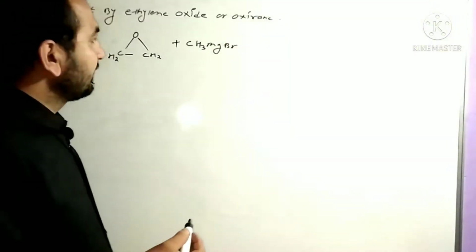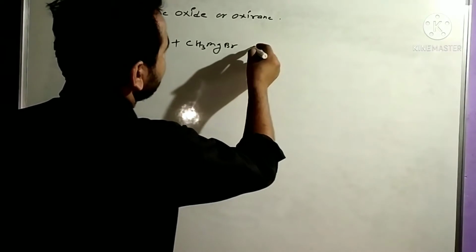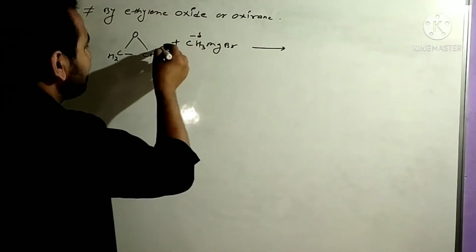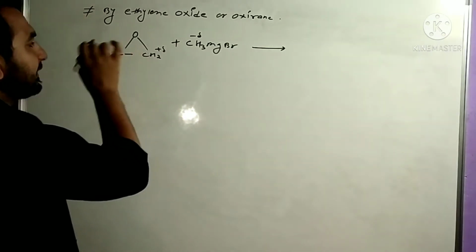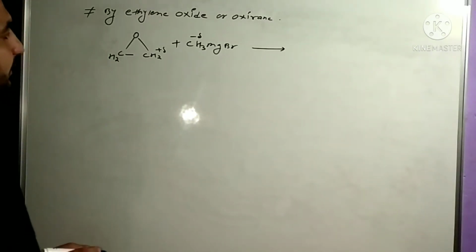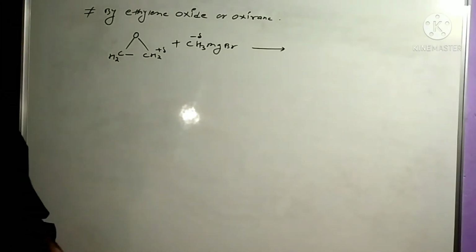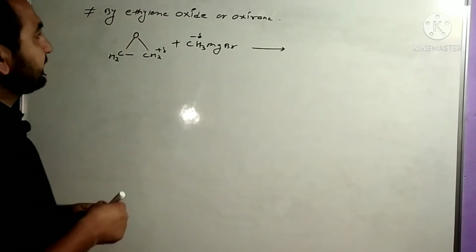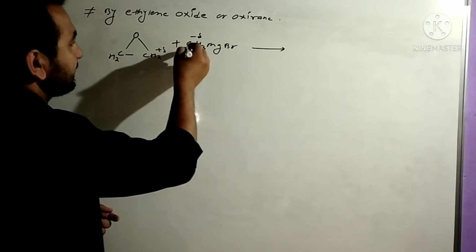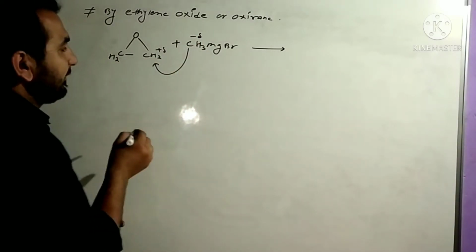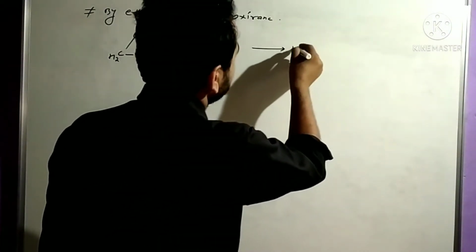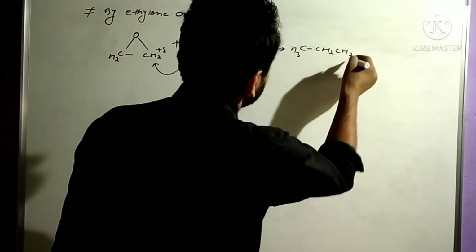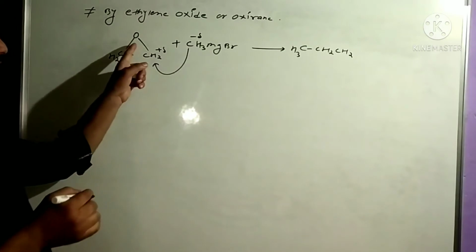CH3MgBr. Clear? So you will see that this is the negative part, this one is the plus part, and this is again the plus part. So this CH3 attacks any one of the carbons of this ethylene oxide. So this is now attacked at this one, forming CH3, CH2, CH2. Clear? And here is one oxygen.